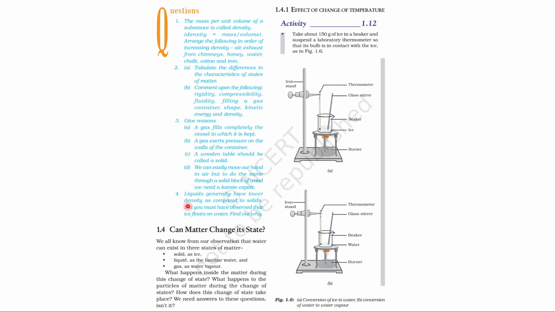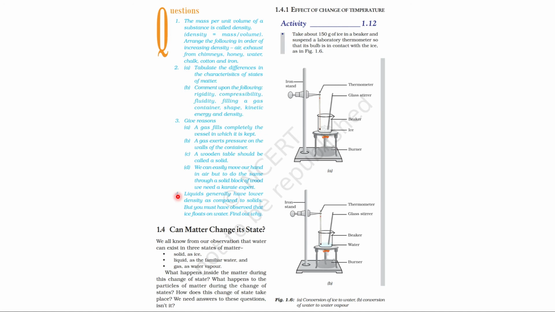Next question. Liquids generally have lower density as compared to solids. But you must have observed that ice floats on water. Find out why. What is density? Density is mass per unit volume of a substance. As the volume of the substance increases, its density decreases. So here, ice is a solid.